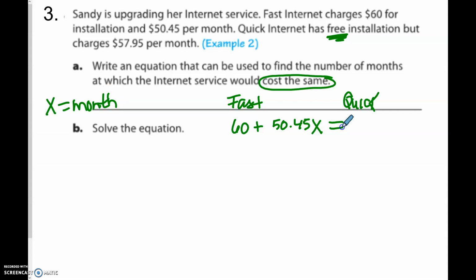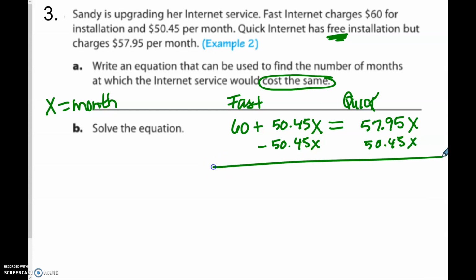I want to know when it will be equal to Quick, and Quick is charging $57.95 per month. All right, so we got to get our variables together here. So I am going to move the smaller one. So I'm going to move $50.45 to the other side.